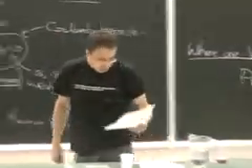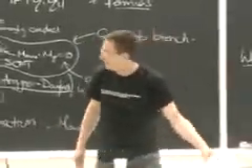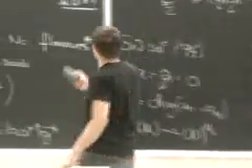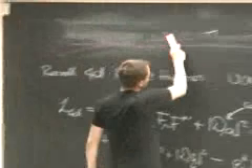Okay, so let me give you a couple of answers to this. One of which is glib and cute, but kind of wrong, and the other one is a little more accurate.